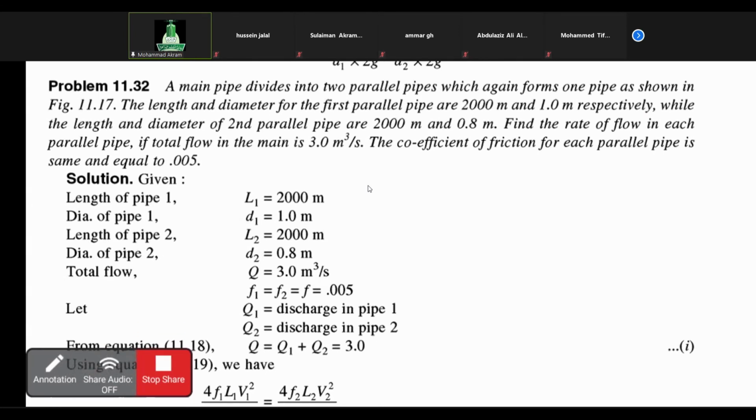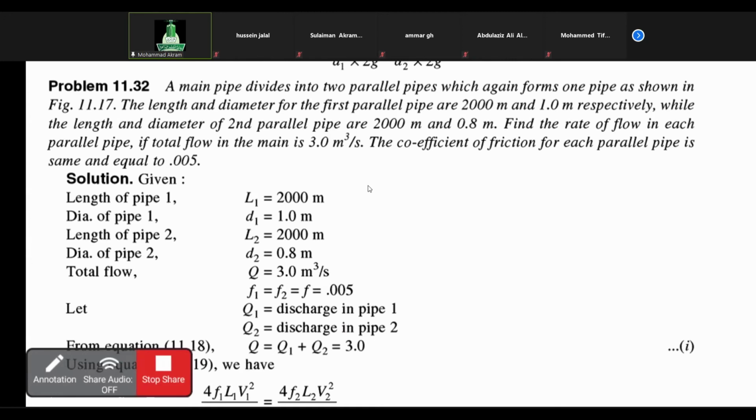But without looking at the figure, there is one main pipe divided into two parallel pipes. It is not given that the two parallel pipes have equal diameters or equal velocity. So you can have one small and one big diameter pipe. Then again they come to one main pipe.